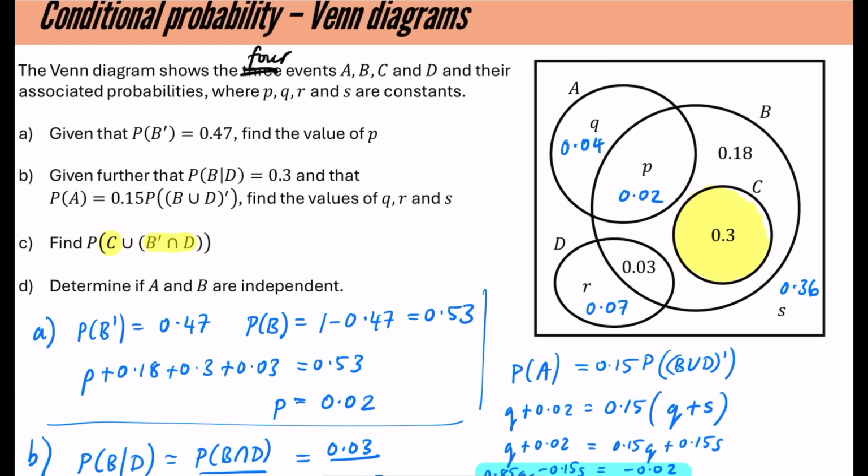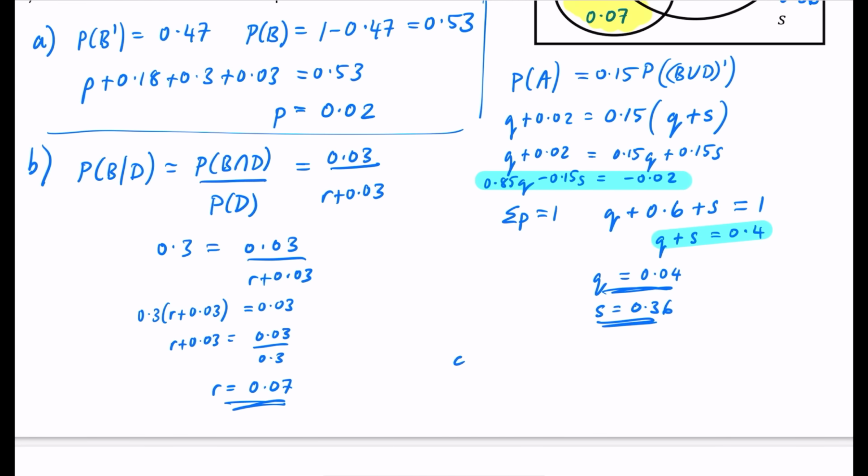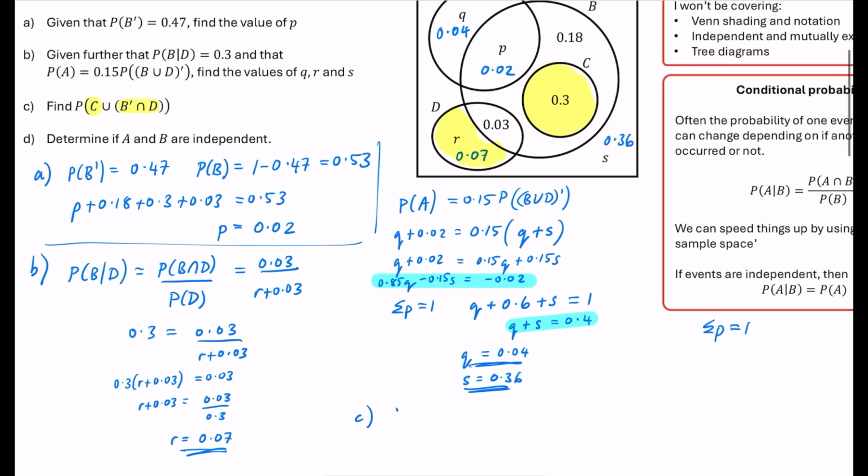I'll do this not B and D. So it has to be inside D and it has to be not inside B. Well, that part is inside B. So it is just going to be this part that we've got here in union, you just take both parts of those together. So it's going to be the 0.3 plus 0.07. So this is for part C of the question. We've got the probability of C or not B and D is 0.3 plus 0.07 that we have there.